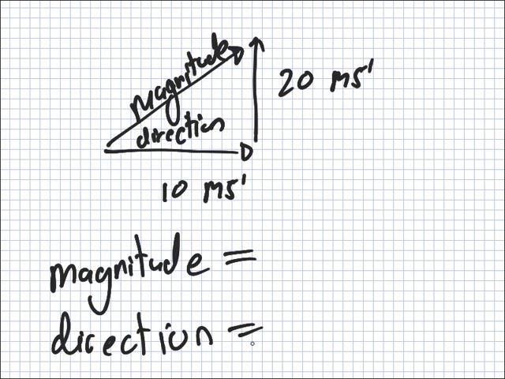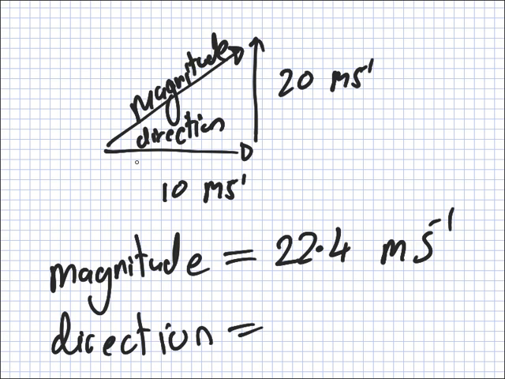Now press SD. So that's 22.4 meters per second. Okay, now the direction.